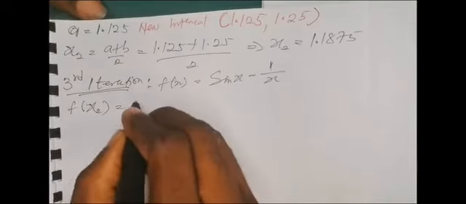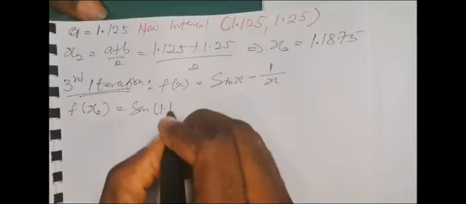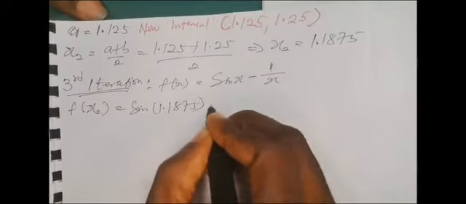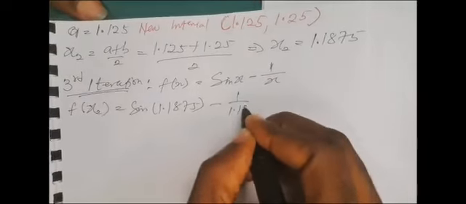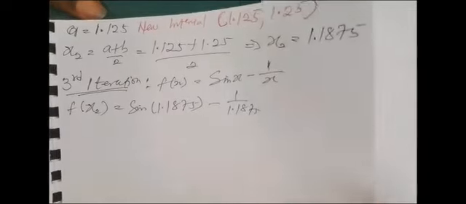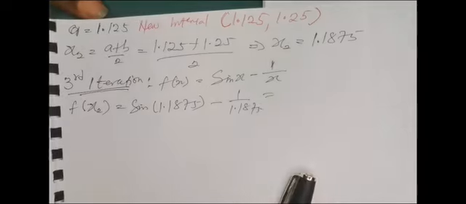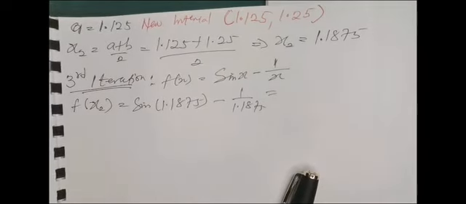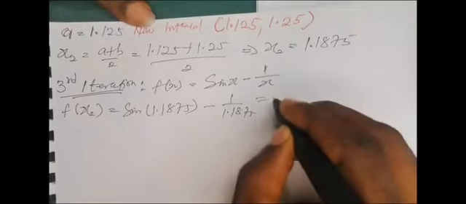So it becomes sin 1.1875 minus 1 all over 1.1875. So let's see what result we are going to obtain. I'm punching it all together at once: sin of answer minus 1 divided by answer.